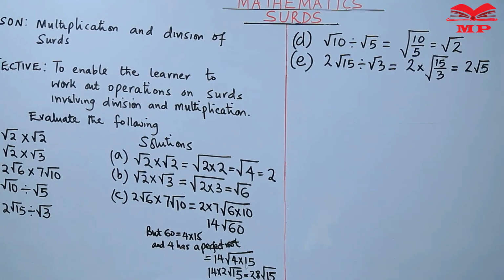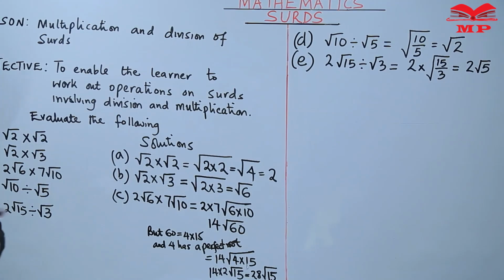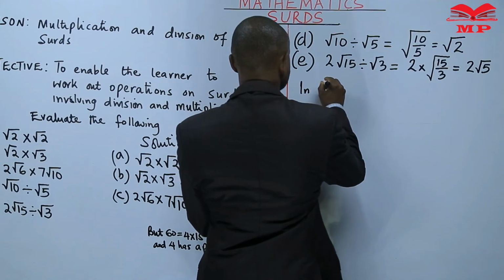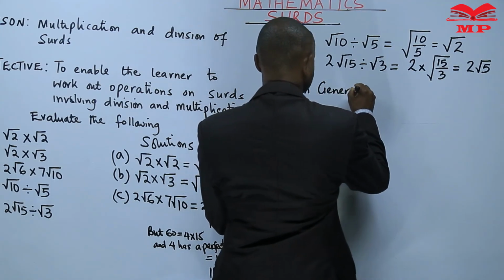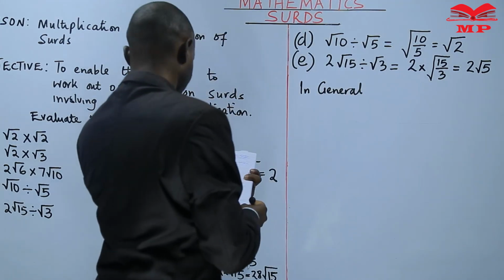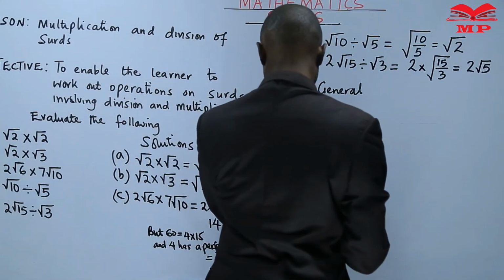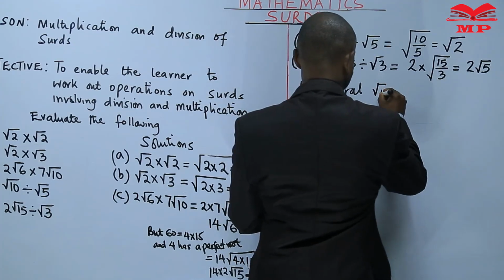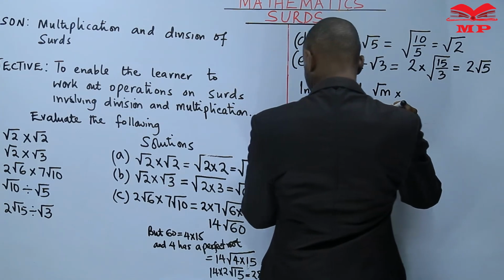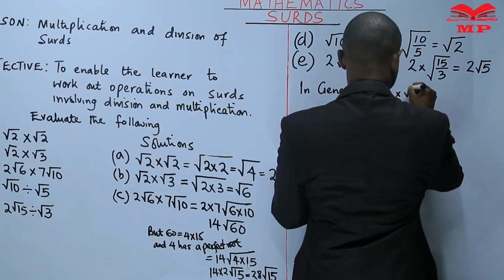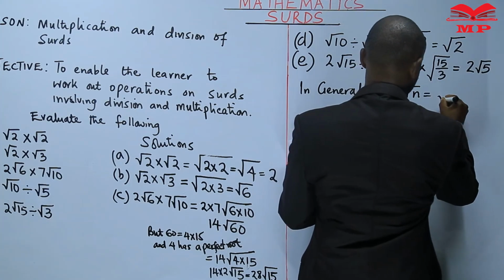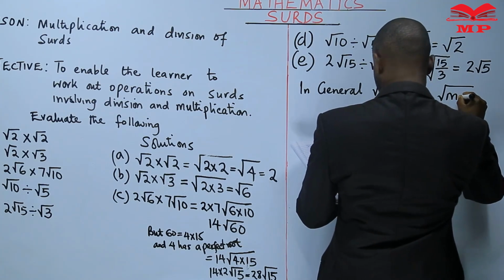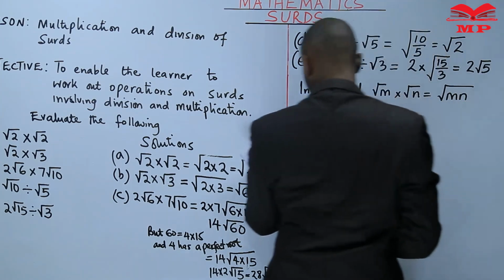So in general, learner, square root of m times square root of n is equal to, in brackets, mn.